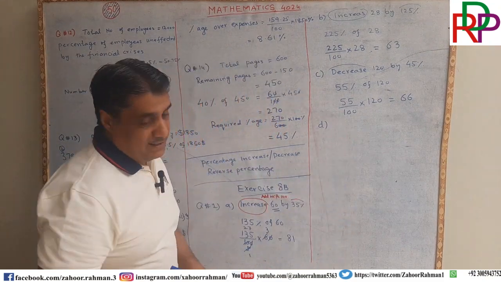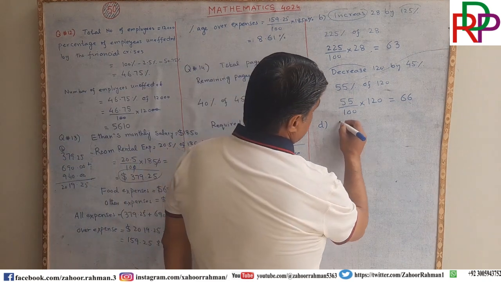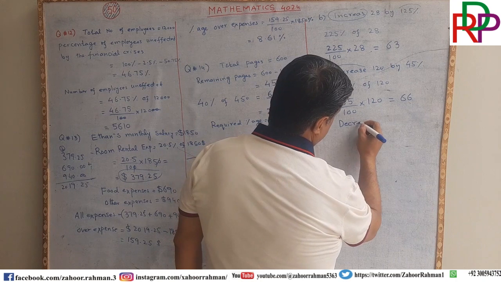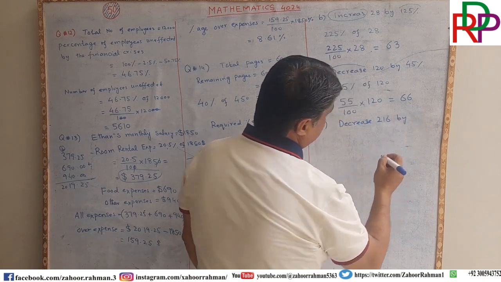Now the D part, and the D part is saying decrease 216 by how much?